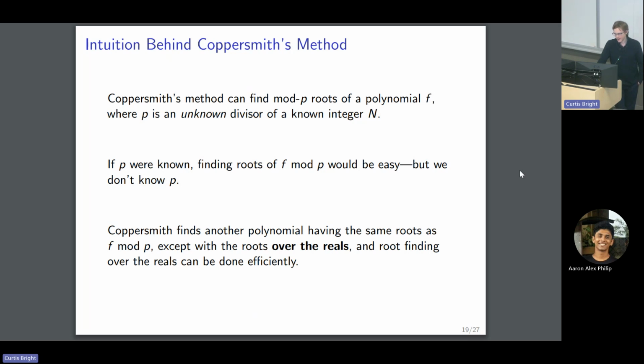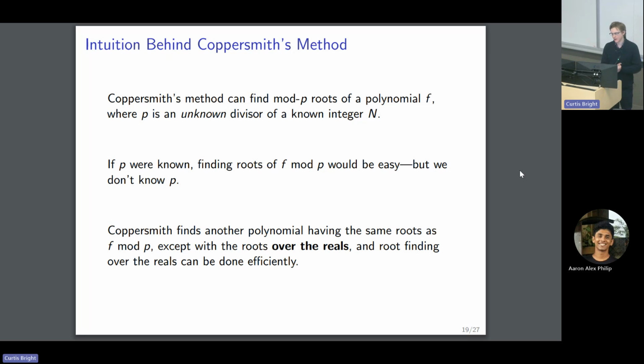You can find roots of a polynomial over the reals, and if p is a known prime, it's well known how to find roots mod p. But if p is unknown, we know a multiple of p, namely N, where N is p times q. Coppersmith actually allows you to find small roots mod p. They have to be small, but it allows you to find roots mod p even if you don't know p.